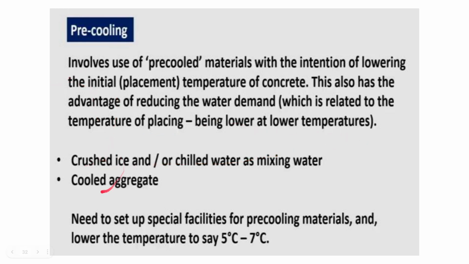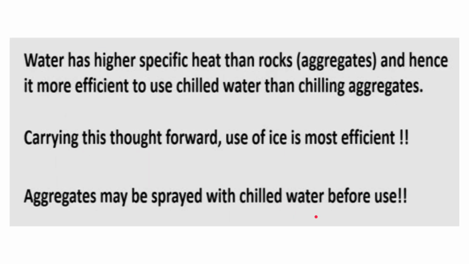For this we can adopt two ways: one is using crushed ice or chilled water as mixing water, and second is using cooled aggregate. We need to set up special facilities for pre-cooling materials and lower the temperature to say 5 to 7 degree centigrade. So that is a good alternative.